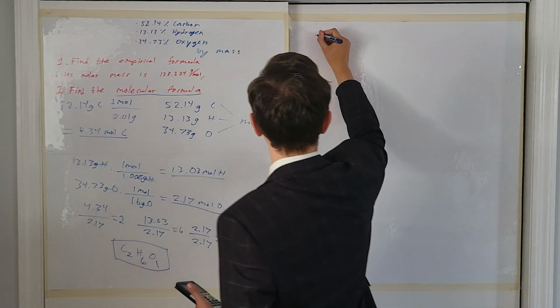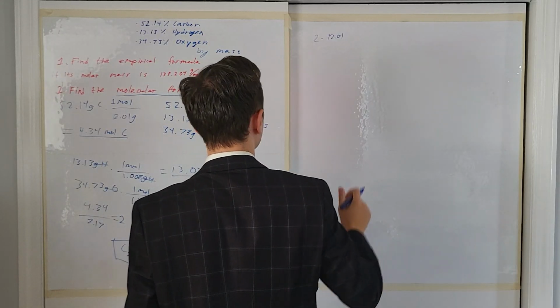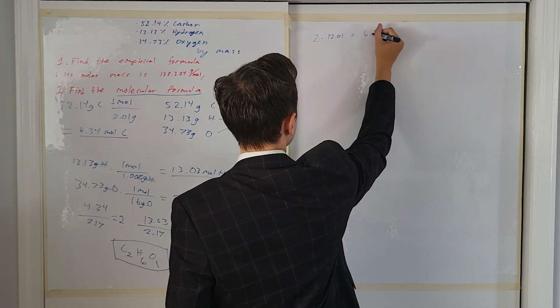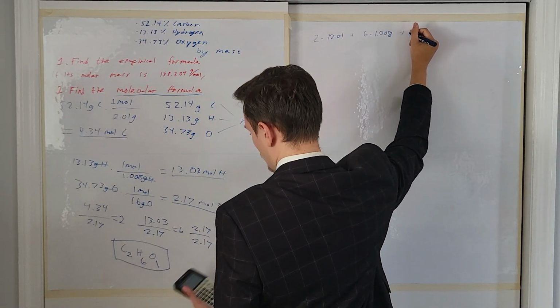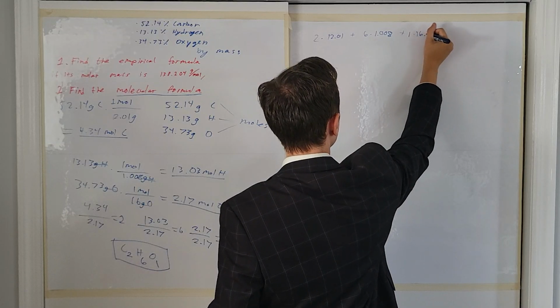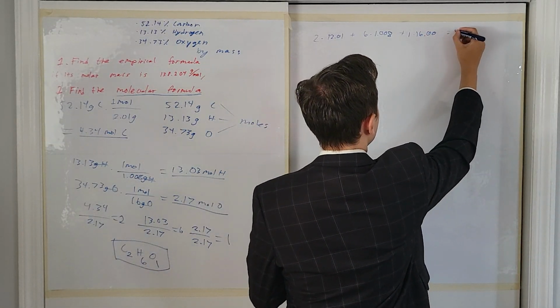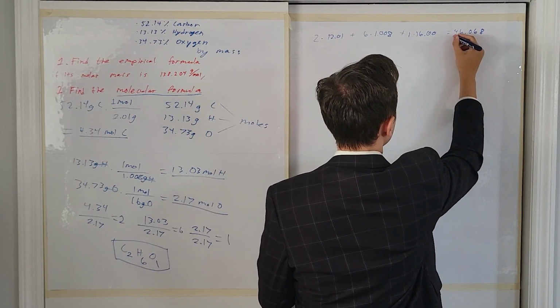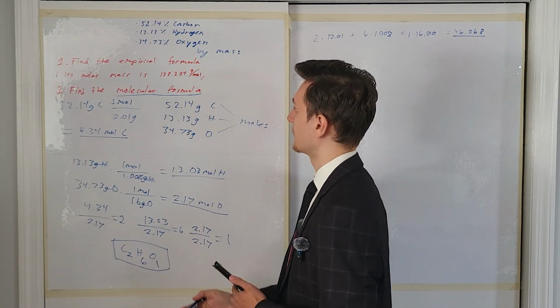So I'm going to do 2 times 12.01, the mass of the carbon atoms, plus 6 times 1.008, the mass of the hydrogen atoms, plus 1 times 16.00, the mass of my oxygen atoms. This is going to give me 46.068. Okay, so this is the molar mass of this empirical formula.